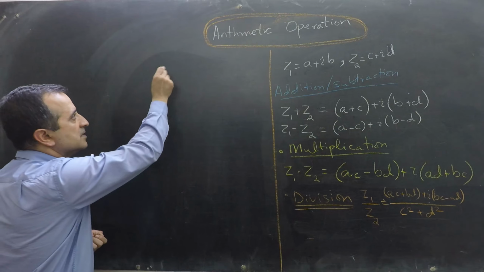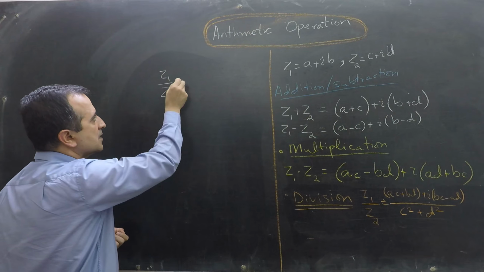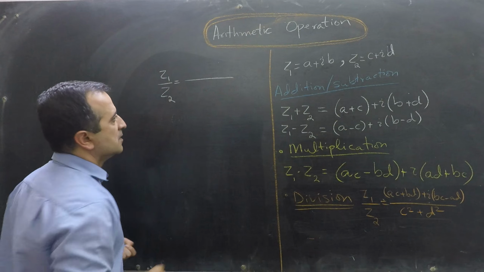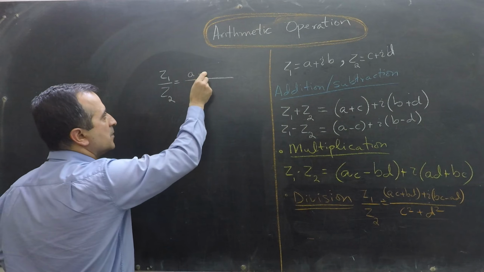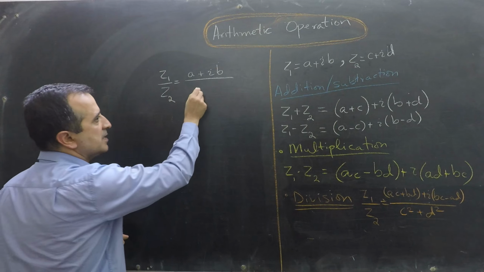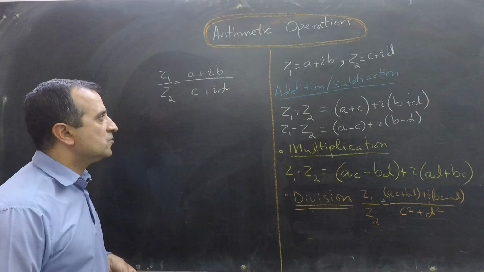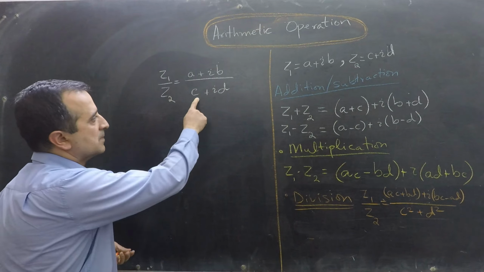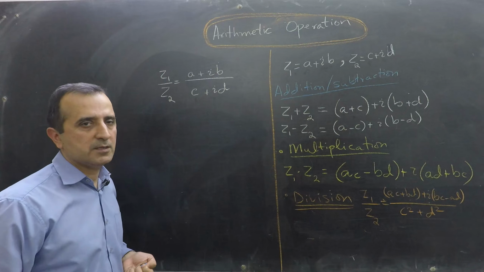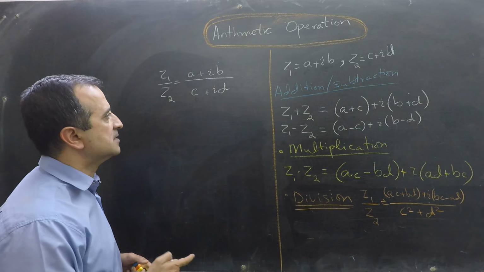So I start with z1 divided by z2. Hence my numerator will be a plus iota b and my denominator will be c plus iota d. I do not wish to have a complex number in my denominator, so I multiply numerator and denominator with c minus iota d.